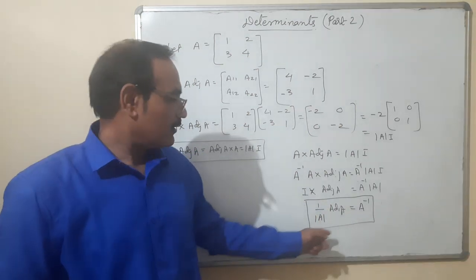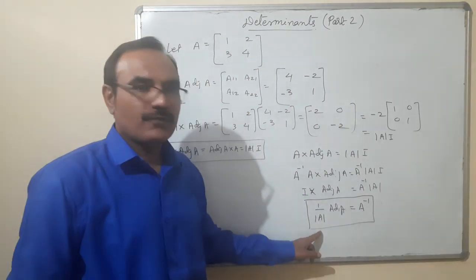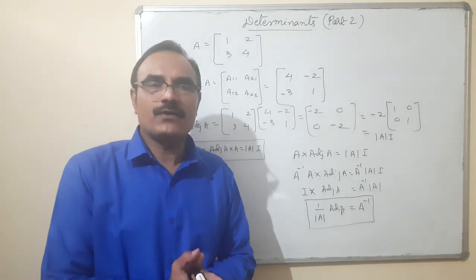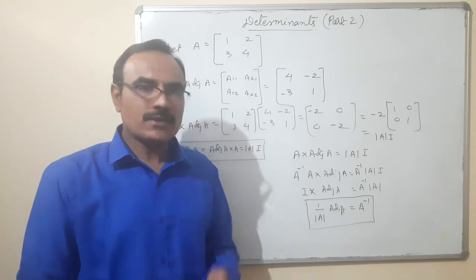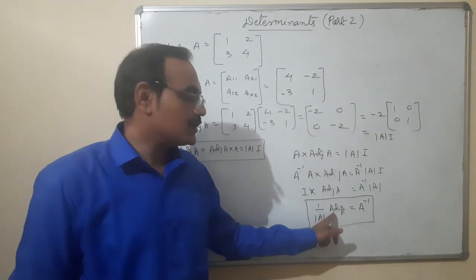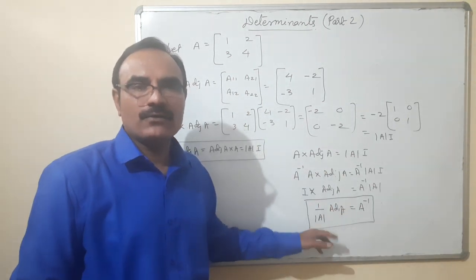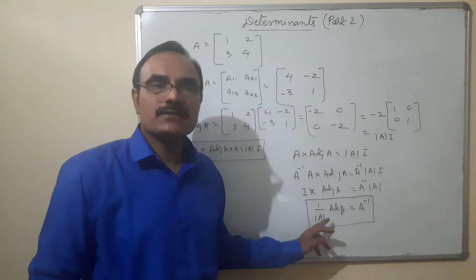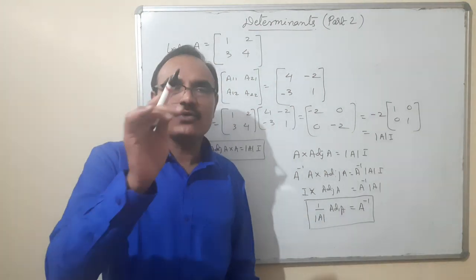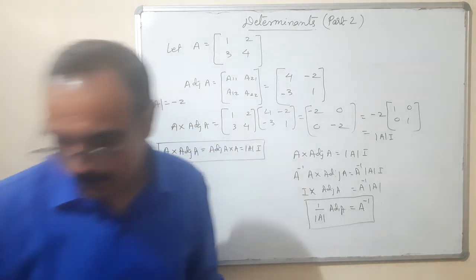The second method, we have derived: A inverse is equal to 1 upon determinant value of A into adjoint of A. That means to find the inverse of any matrix, first of all we find the determinant value of A. Second, we find the adjoint of A, and when we divide the adjoint of A by the determinant value of A, the result is the inverse of A. So this is the formula: A inverse is equal to 1 upon determinant value of A into adjoint of A.